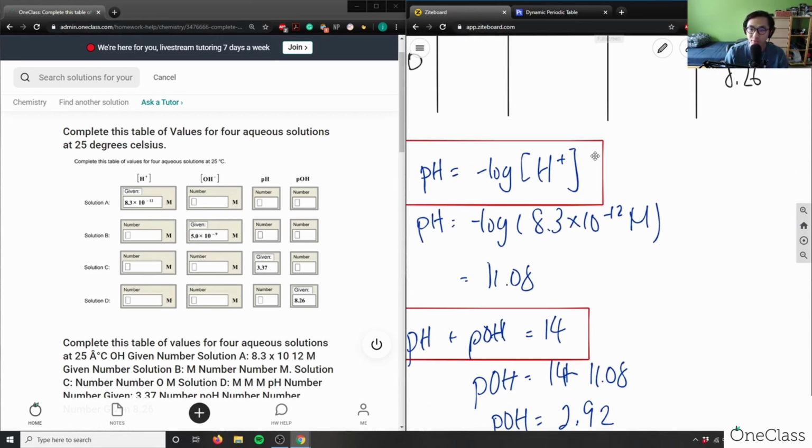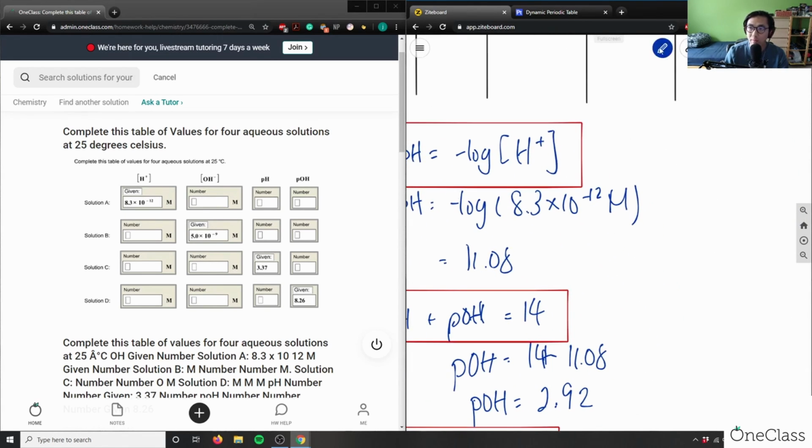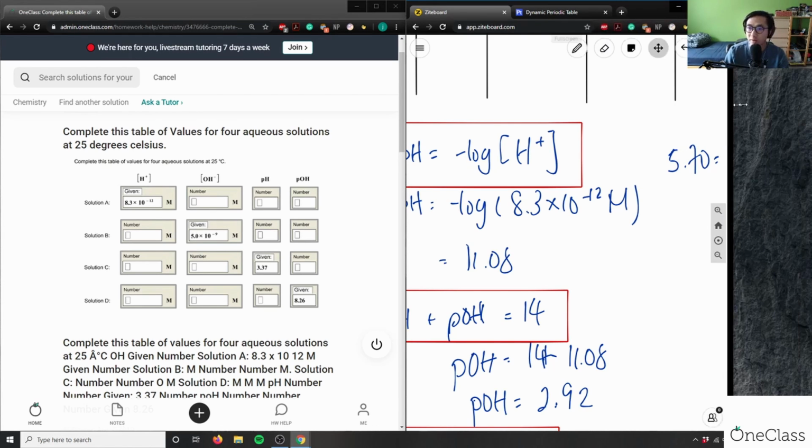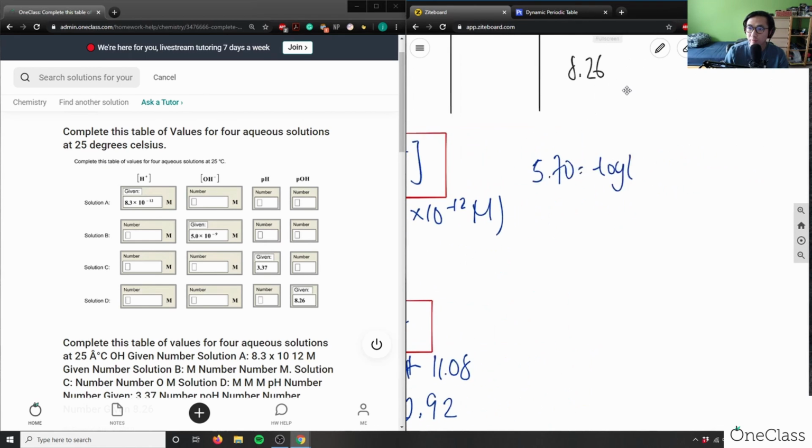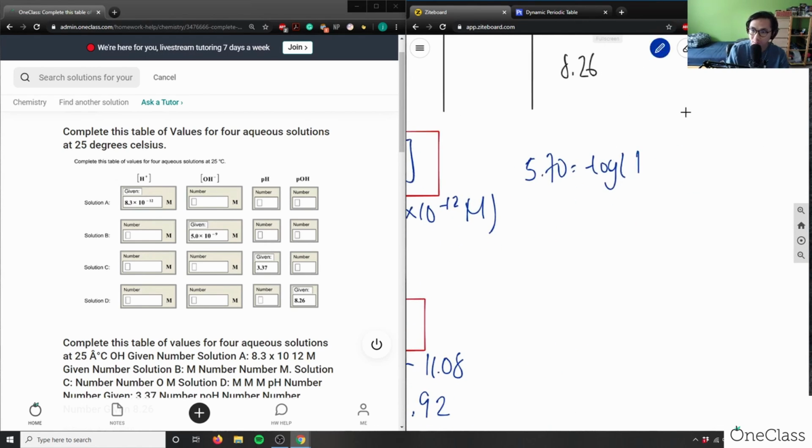So again, I'm using this formula here, but let me do this in blue again. I have pH, which is now 5.70, equals the negative log of my H plus ions, right?